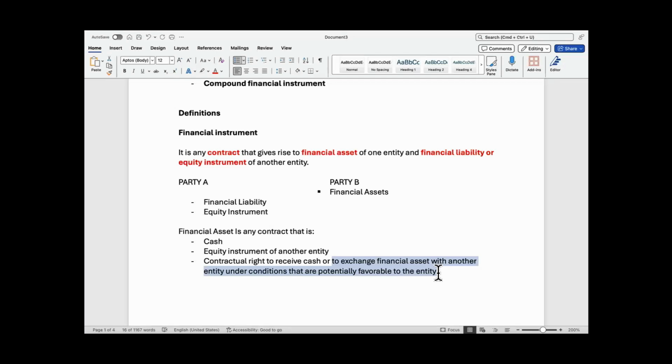Transactions like this happen when you are exchanging either your shares or your investment you have made with another entity for whatever reason and it's favorable to you. Then that is also a financial asset, but this is really not our focus for now.